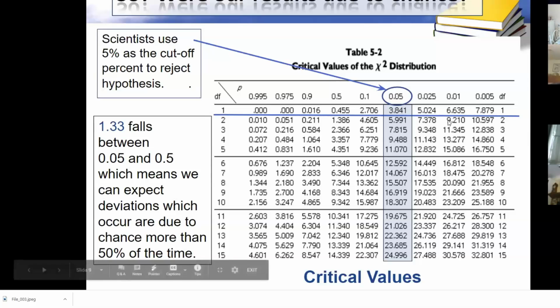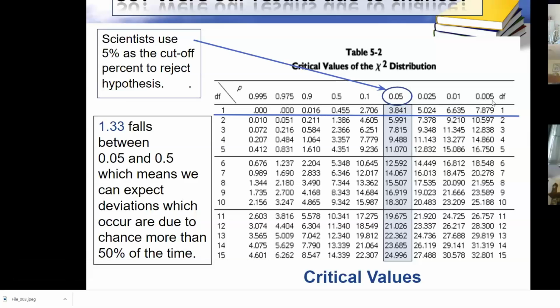Over here, this is saying you have either experimental error or you need to go back and revise your hypothesis, because we would not expect that amount of variation. If the number is lower than over here, then we accept our hypothesis, or we fail to reject. You never accept. You reject or you fail to reject. So this would be acceptable variation. It is not a statistical difference.